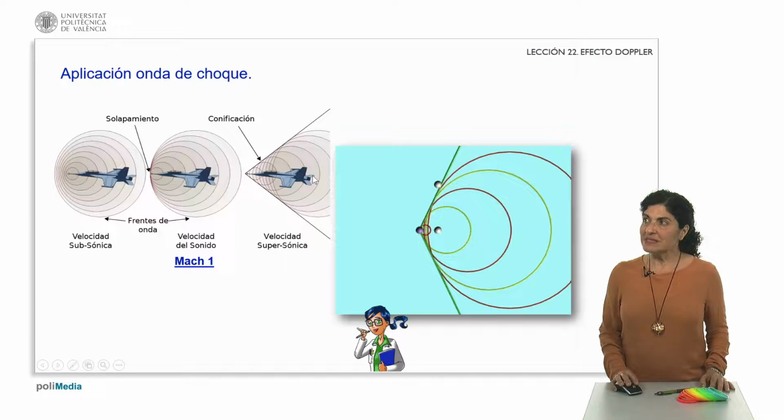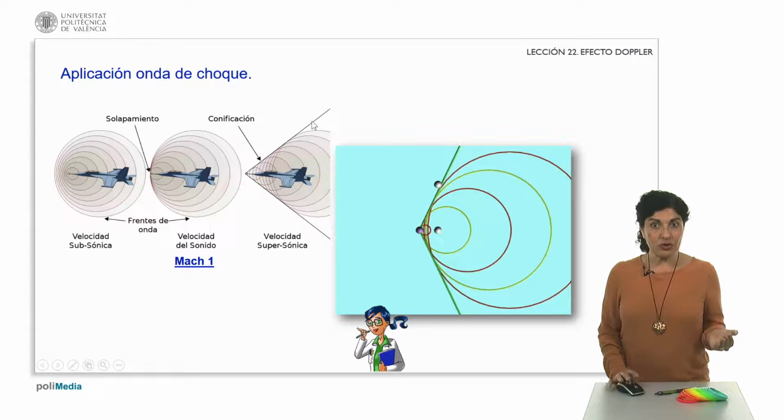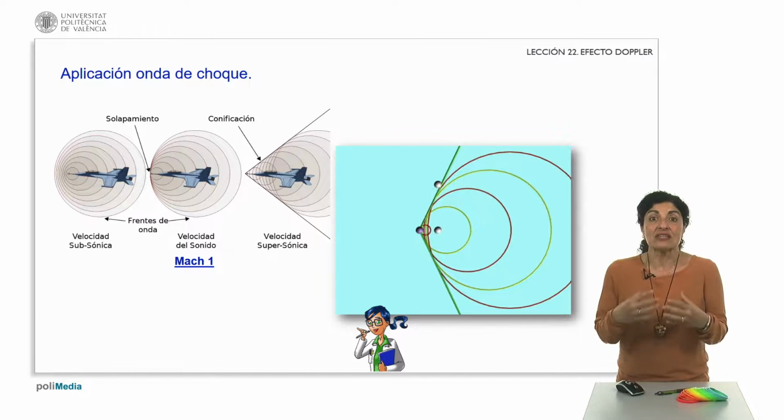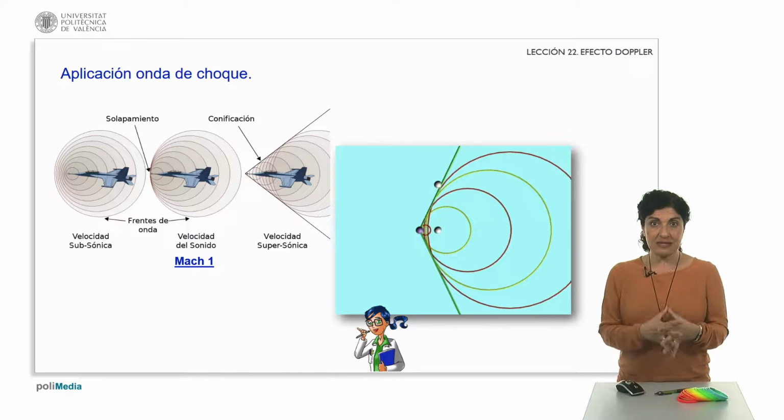What happens in the latter case is that the wave fronts of sound being emitted will be superimposed and will define this cone that I am trying to represent here. In this cone, the wave fronts are being superimposed, and therefore so is the energy associated with the fronts of all the waves being emitted.